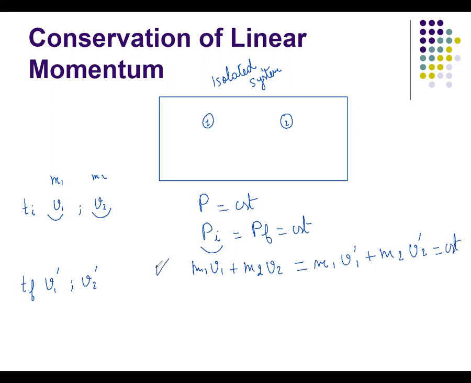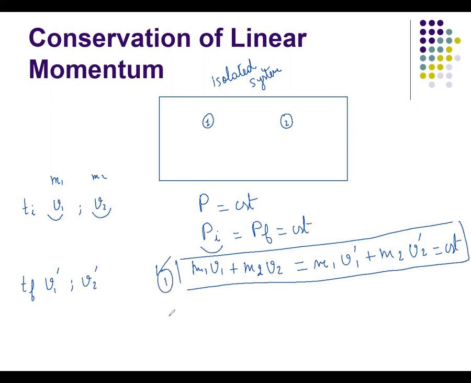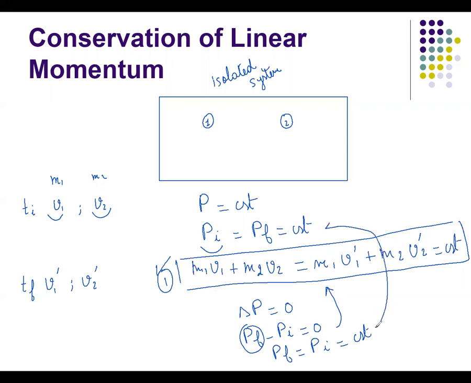You can say this is the relation of the conservation of linear momentum. This is the first one, and you can write delta P equals 0. So P final minus P initial equals 0. We get the same relation because P final equals P initial, equals constant. We get the same result.